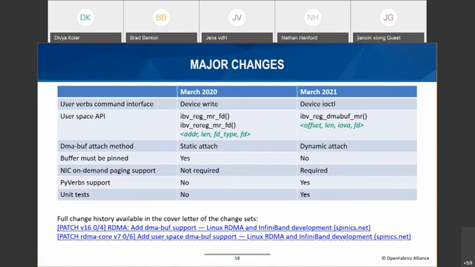Secondly, we reworked the user space API to make it simpler, with parameters that better reflect how DMA-BUF is used. And for DMA-BUF usage, we moved from static attachment to dynamic attachment. As a result, we no longer require the DMA-BUF to be pinned. So we allow the DMA-BUF to be moved by the GPU driver.